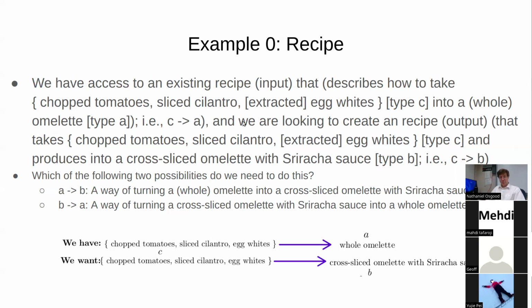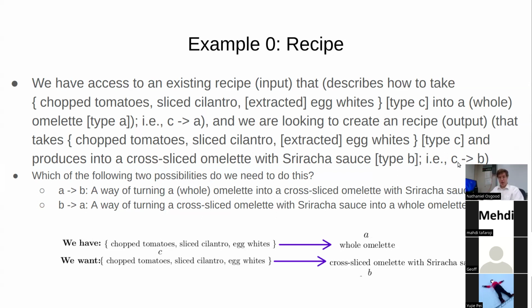Okay. And we're looking to create a recipe that takes the same starting ingredients, type C, into a fancier omelet where we'll cross-slice it and we'll put sriracha hot sauce on.